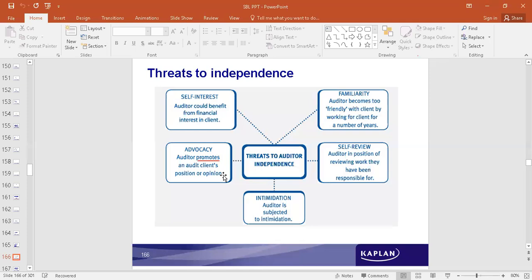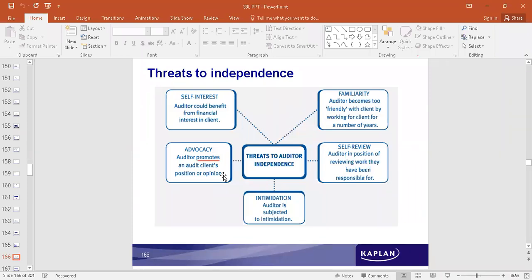When the auditor is threatened, maybe he's worried, he has that fear of some action taken against him. When he's subjected to intimidation, there is that fear or worry that some damage can happen to him if he gives a fair view. So that is about intimidation.